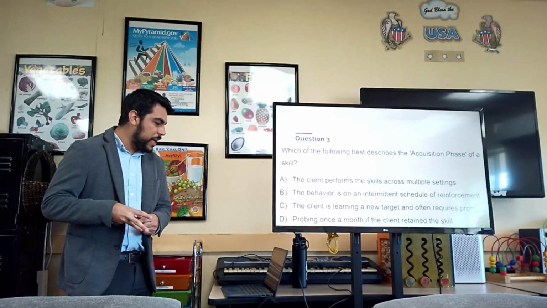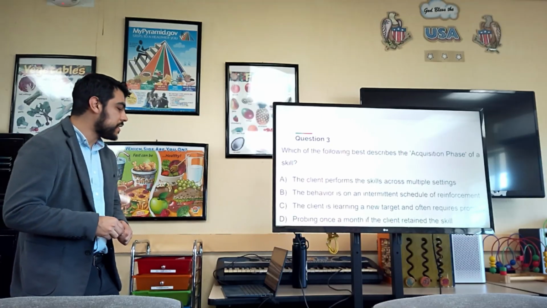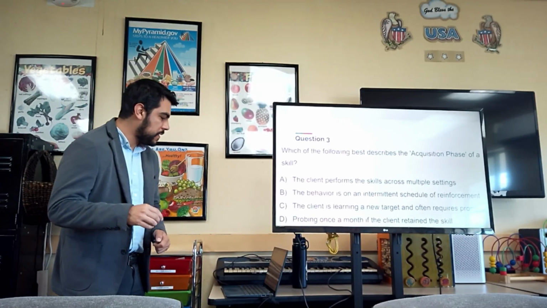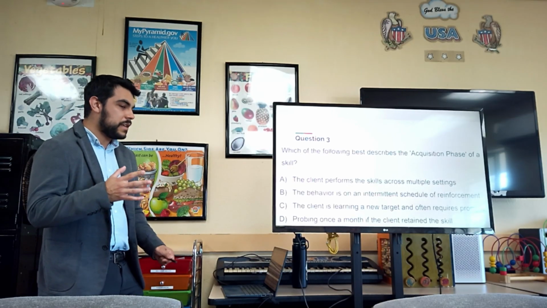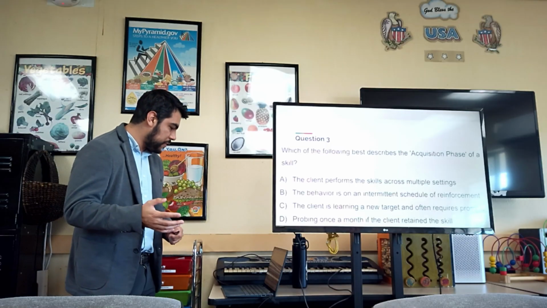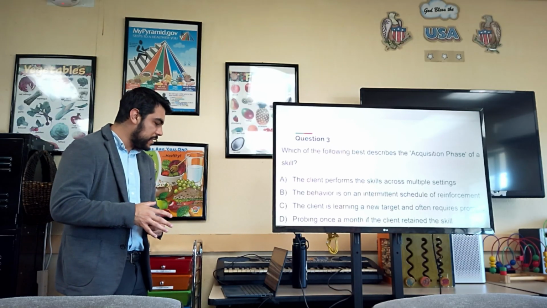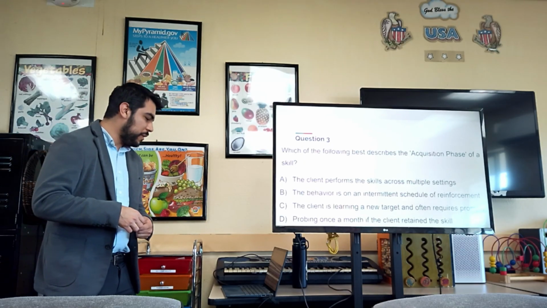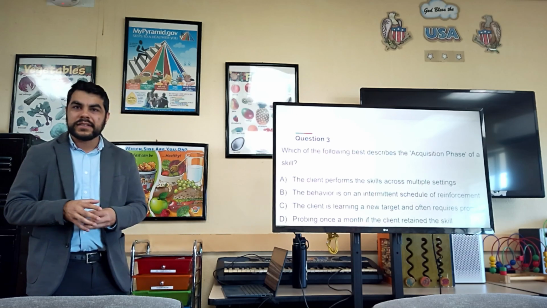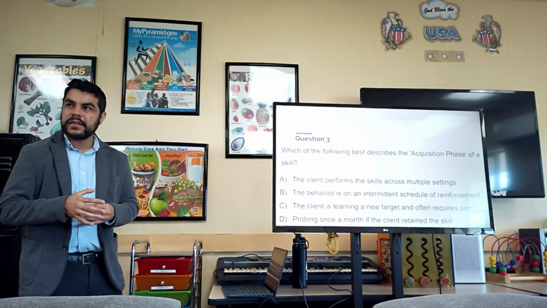Which of the following best describes the acquisition phase of a skill? A, the client is able to perform it in multiple settings. B, the behavior is on an intermittent schedule of reinforcement. C, the client is learning a new target and often requires more prompts. D, a probe once a month. C?